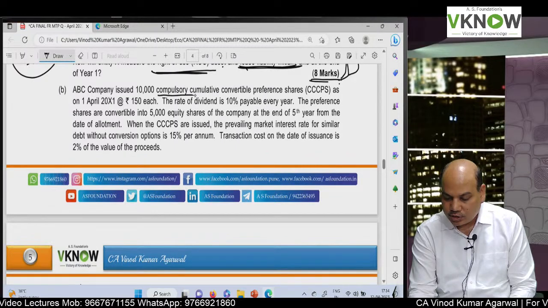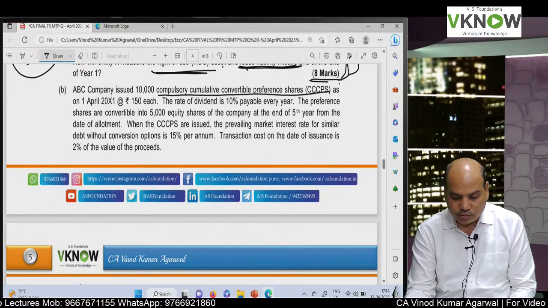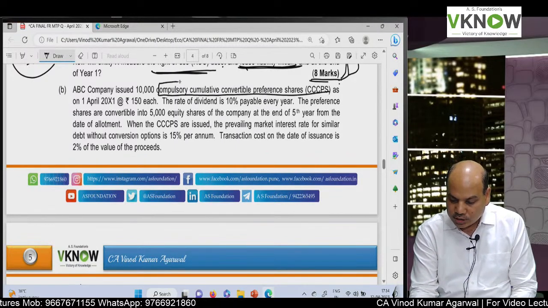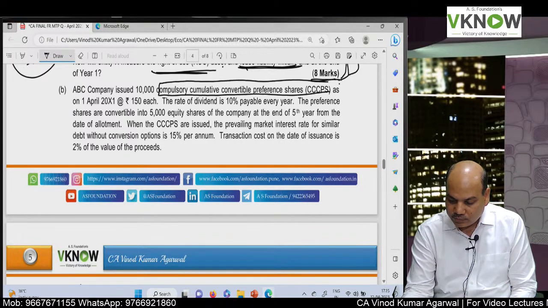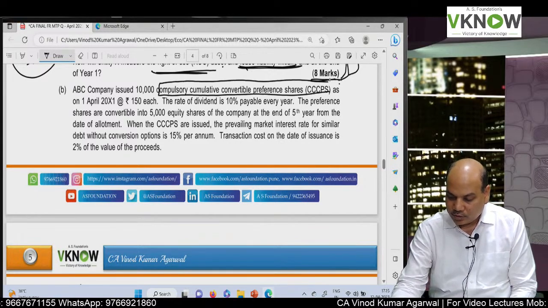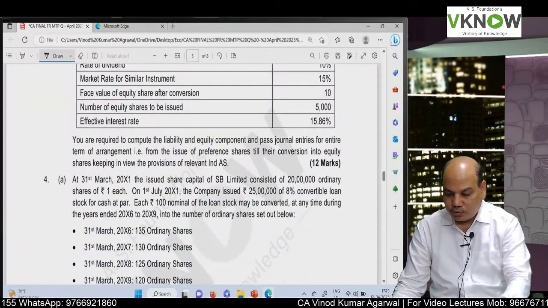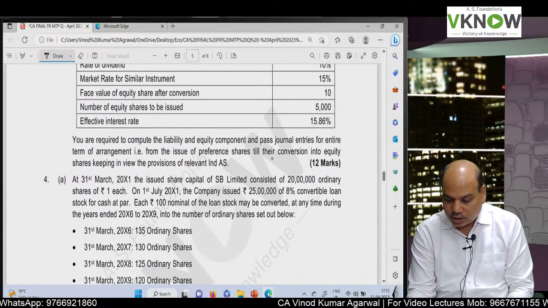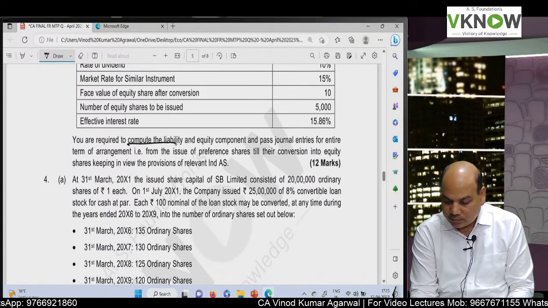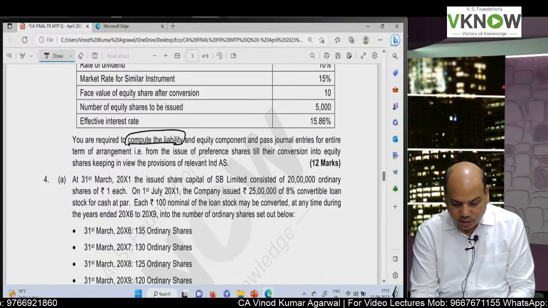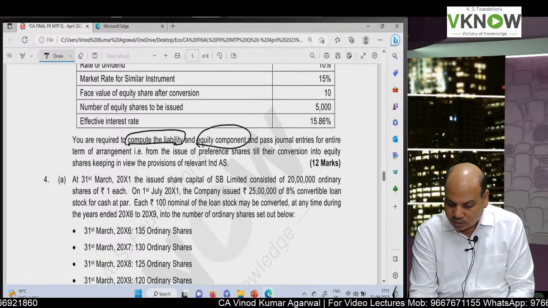Question number 3B, very easy question. Same to same question in the study material of the institute also. This is a question on compulsorily convertible preference shares, which means in this question the student has to find out how much is the liability portion and how much is the equity component.